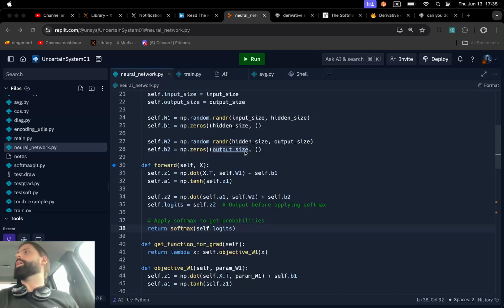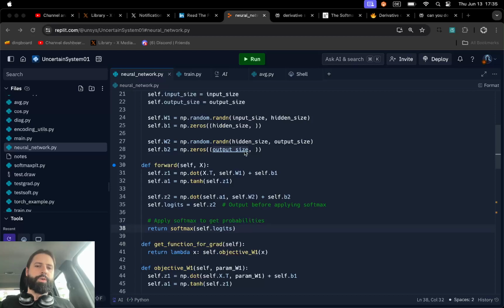Now this how far off, the problem is that the softmax function gives you probabilities, right? But how far off you are can maybe just be done at the logits level, right?